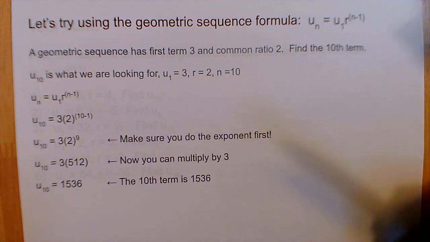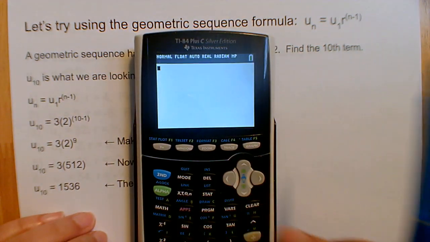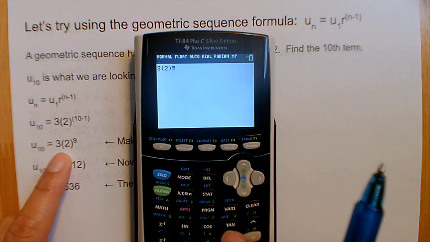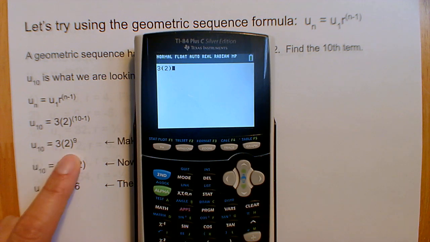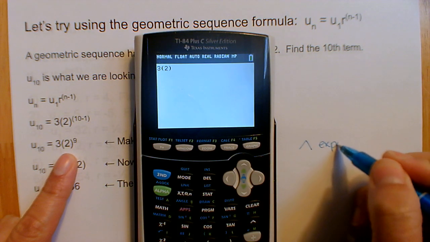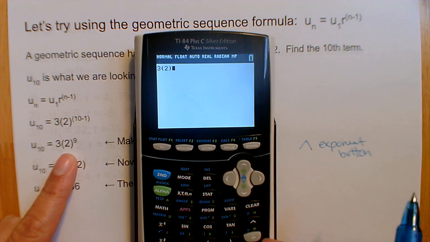Now I'm going to tell you a little bit of a shortcut. If you would like to, in your calculator, do it from this step right here. 3 times 2 and parentheses. Put the parentheses in. The parentheses represent multiplication. Here is your exponent button. This caret is your exponent button. It's right above the division.